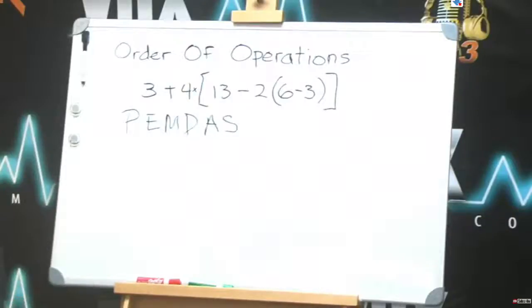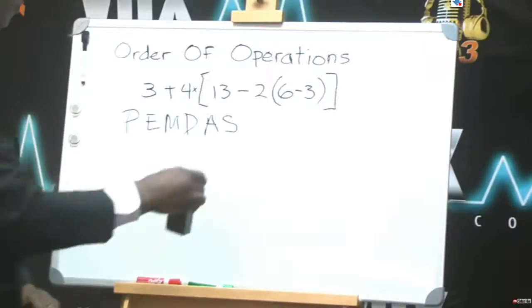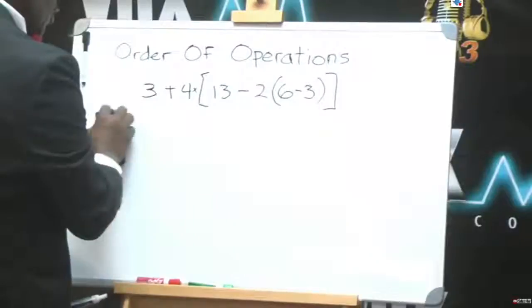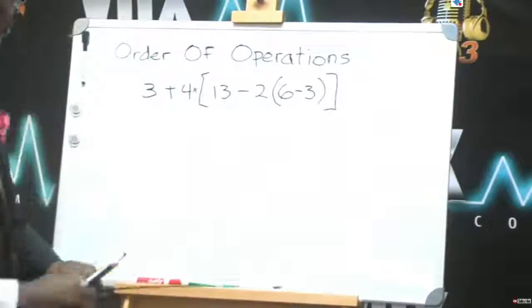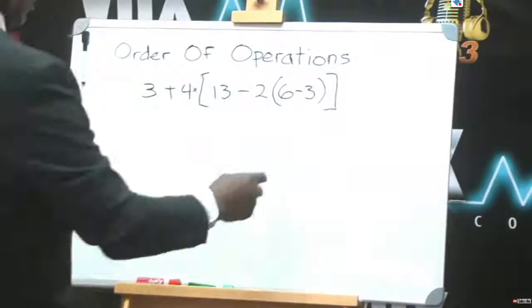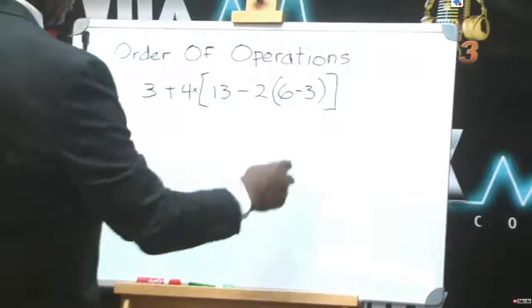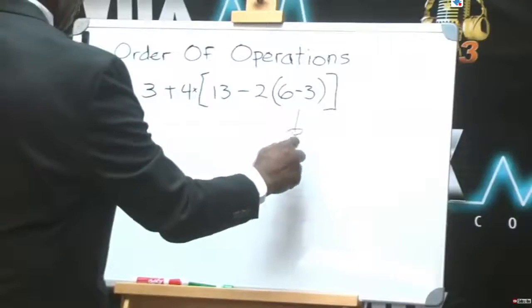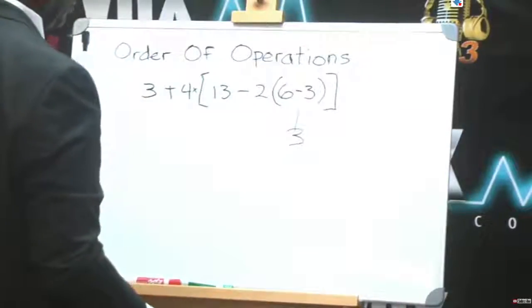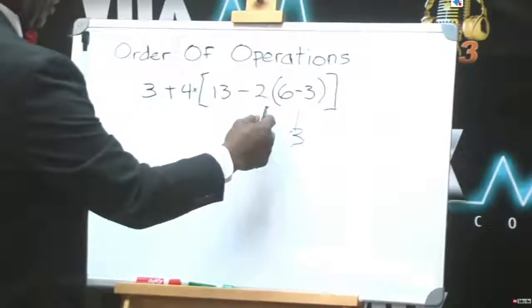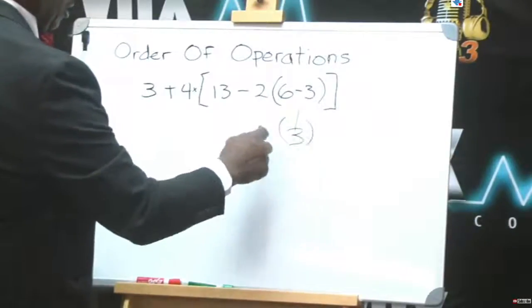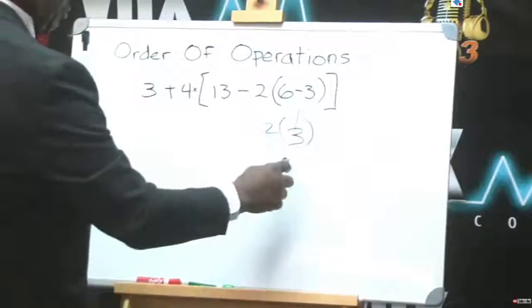Okay? So, with that, we're going to go inside the parentheses. Okay? 6 minus 3. We're going to take care of this right here. That's 3. Okay? Also, within this, that 3, we're going to multiply by 2.